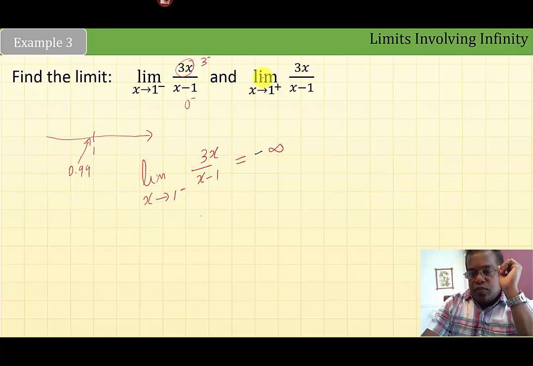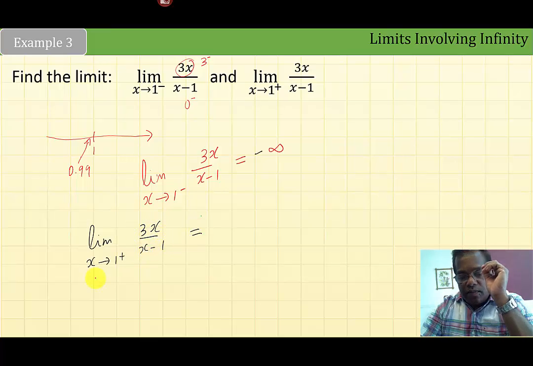Now what about this part? The limit as x approaches 1 plus of 3x over x minus 1. Again, as x approaches 1, this approaches 0 and this approaches 3. So a number divided by 0 approaches infinity.